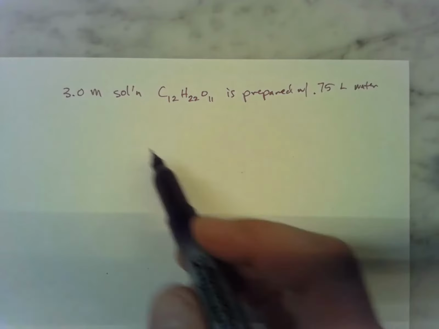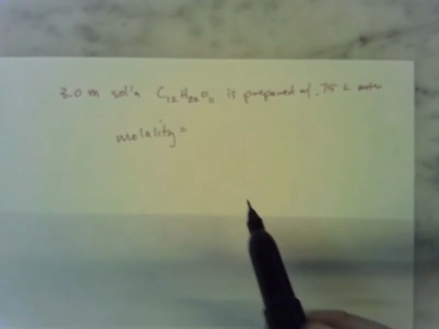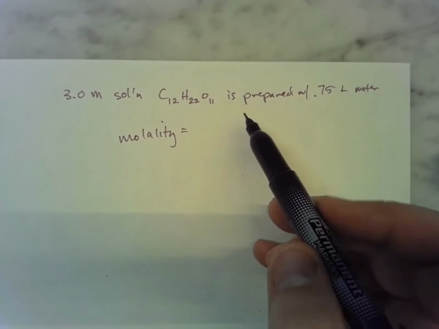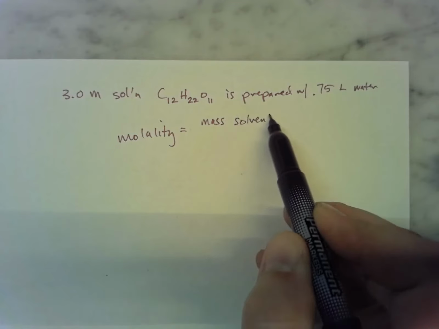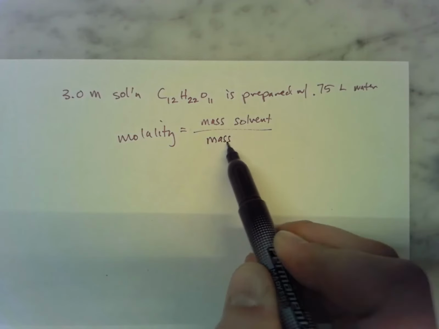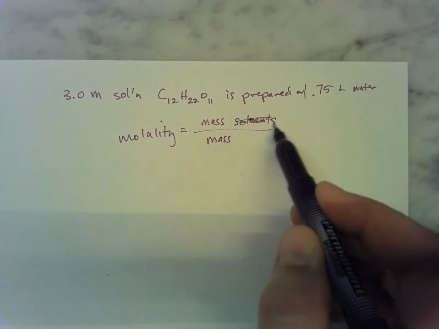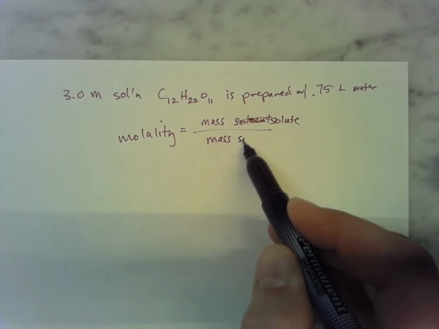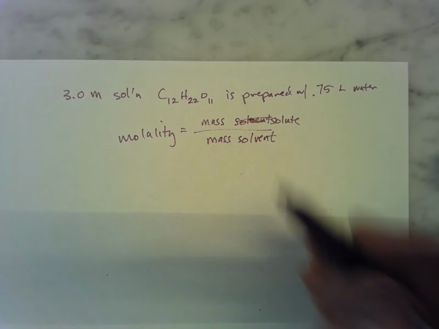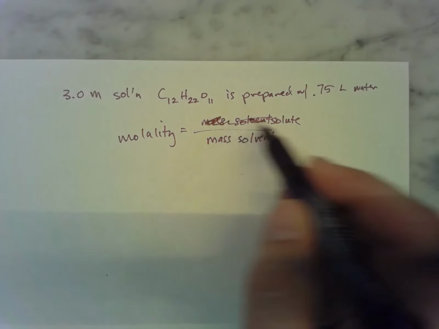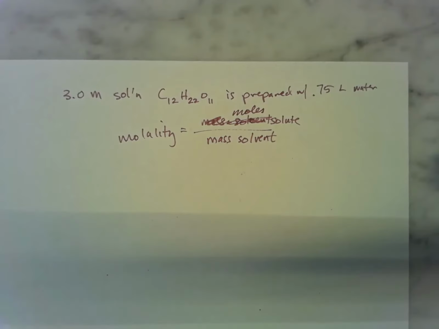All right, so what do we need? Molality is equal to the moles of solute over the mass of solvent. I'm sorry, guys, I'm a mess here. So we've got a couple things to do.